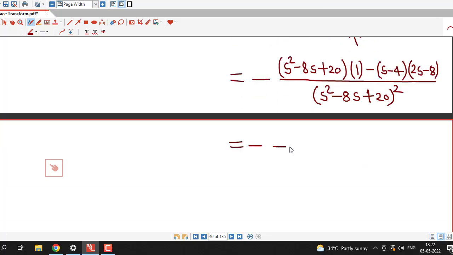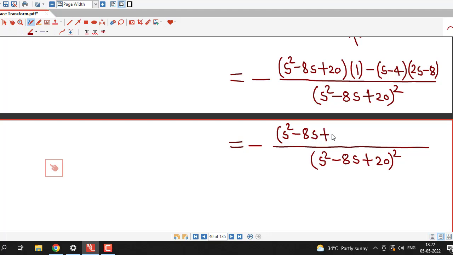We try to write down, after simplifying as much as possible, s square minus 8s, we keep this as it is. And here we can first write this as it is, s square minus 8s plus 20. And if we observe in this term, we can take 2 common, and this s minus 4 as it is. If we take 2 common here, we will be left with s minus 4.